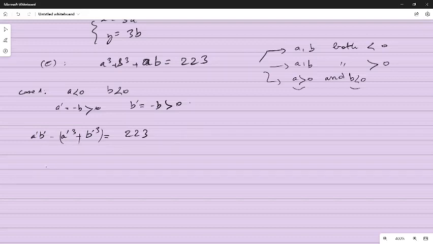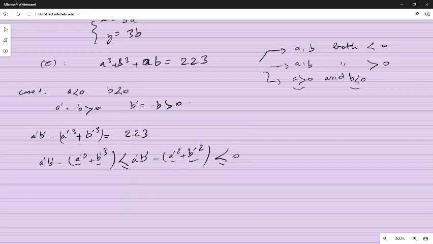And because a prime cubed plus b prime cubed is larger than a prime b prime, minus a prime squared plus b prime squared, because a prime squared is smaller than this, and b prime squared is smaller than b prime cubed, this is less than 0.